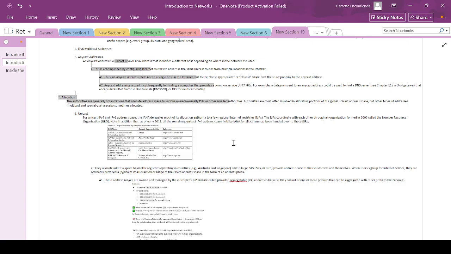So these addresses are used to identify a different host depending on where in the network it is used.